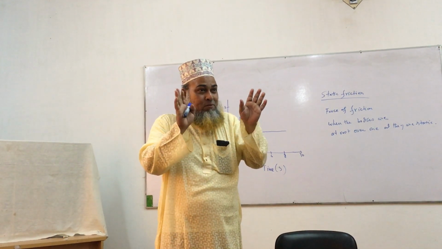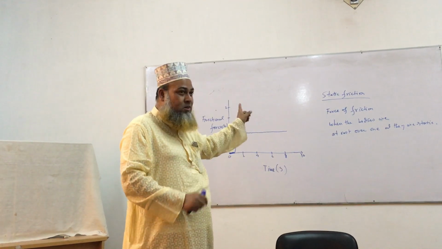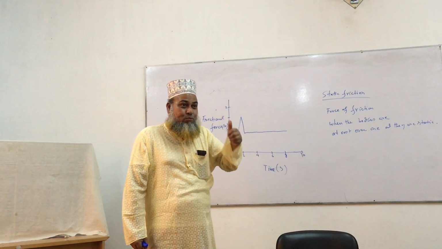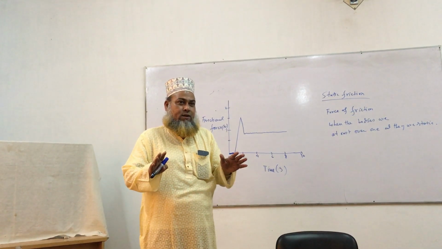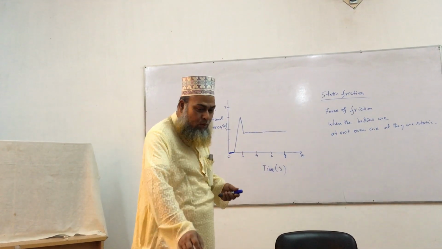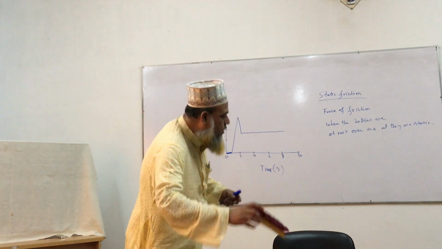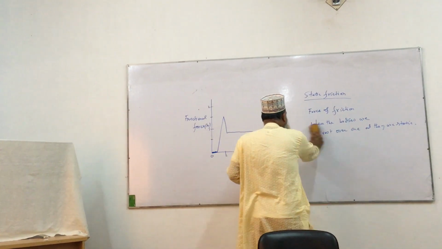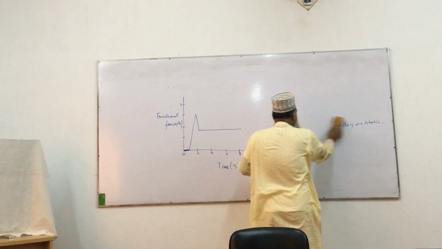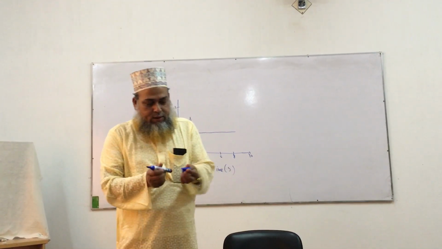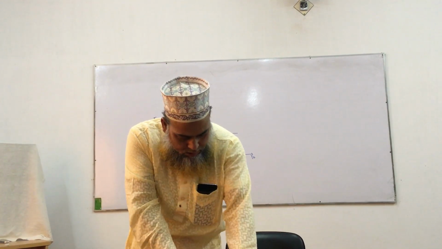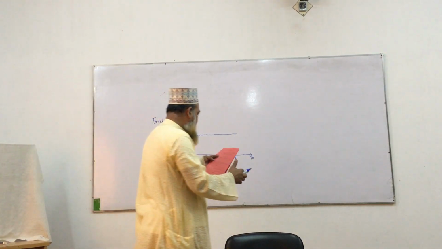So that is not empirical. But this frictional force is an experimental fact. By experiment, we discovered this thing. And there are two laws, called empirical laws, two empirical laws for frictional forces.